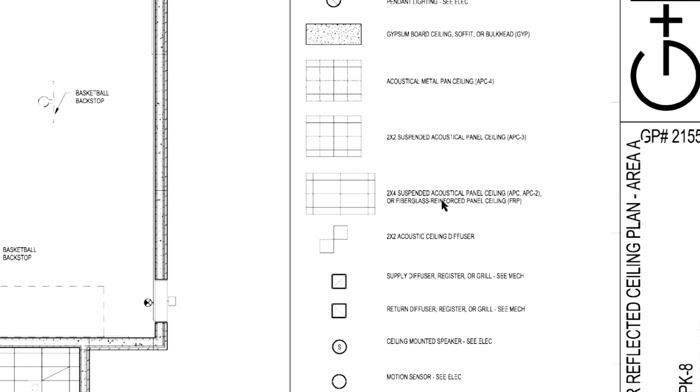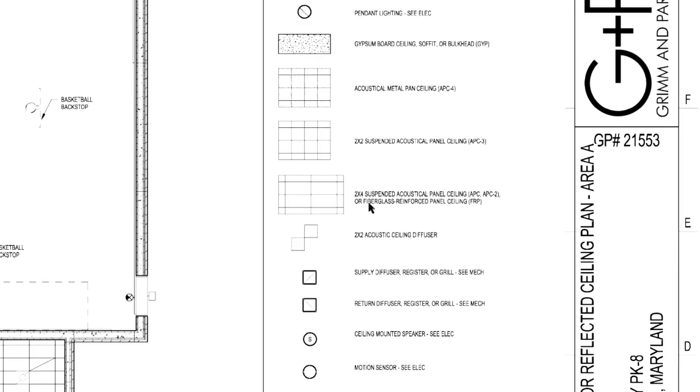And that FRP, whether it's on a wall or a ceiling, normally you'll see it in an area where there's going to be food cooked or served or something like that. It's cleanable surfaces, fiberglass reinforced panel ceilings. And so you'll also see FRP walls as well in those areas.